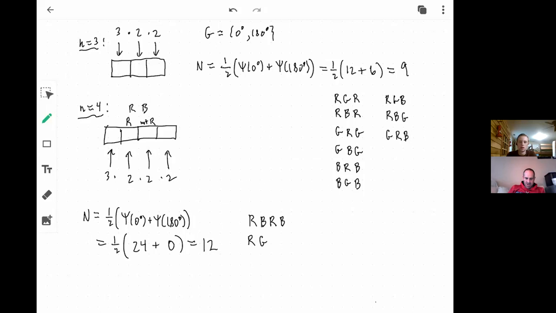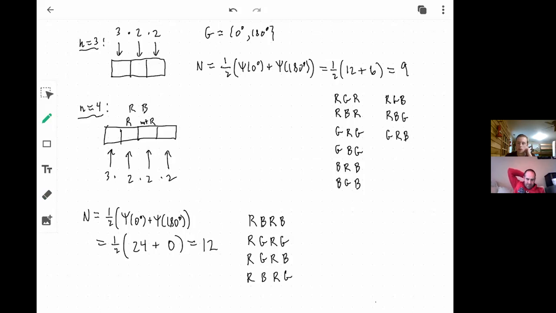Red, and then we'll have maybe green, red, green. Okay, let's do red, green. I'm doing red in positions 1 and 3. Red, green, red, blue. Or sorry, I'm done with the green here. Red, blue, red, green, or something. There, I just had red in positions 1 and 3.